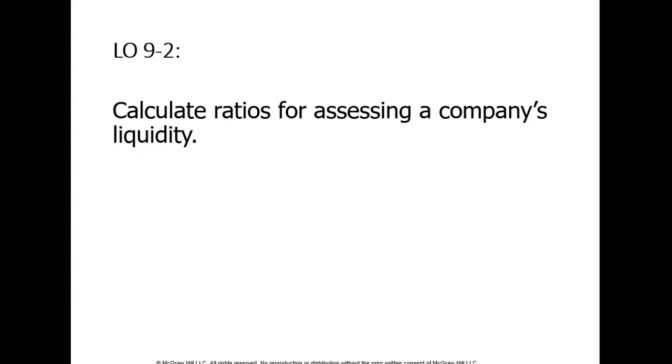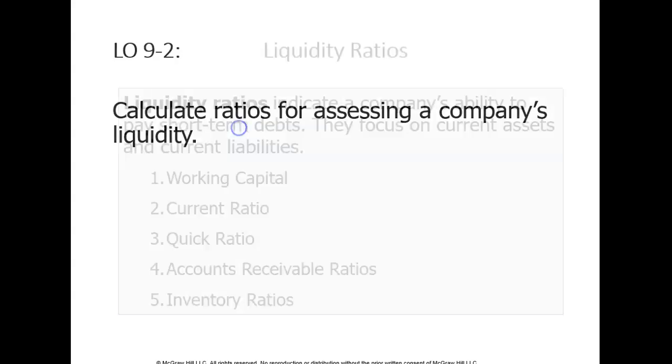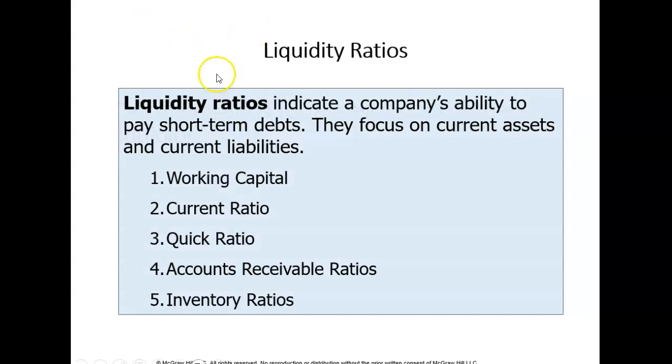We're now looking at how to calculate certain types of financial ratios. Each ratio will normally fall into one of three categories: liquidity, solvency, or how profitable that business organization is. We'll first look at some liquidity ratios. These ratios focus on a company's ability to pay their short-term debt.